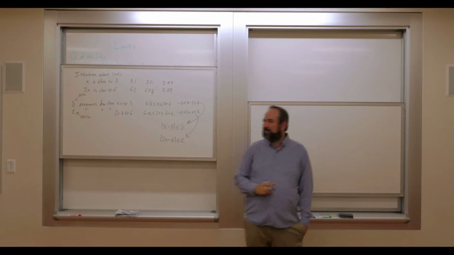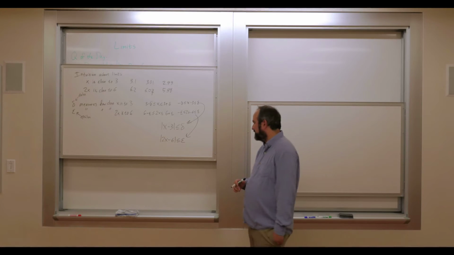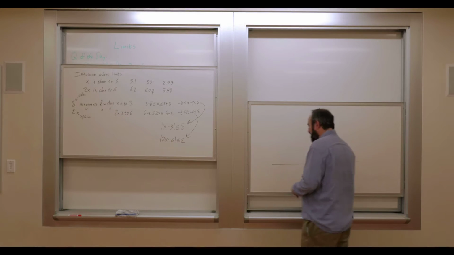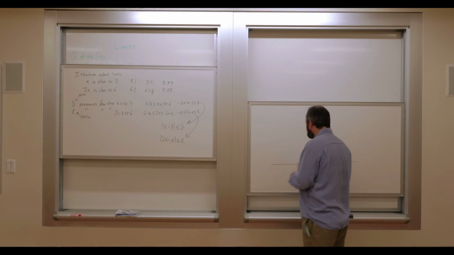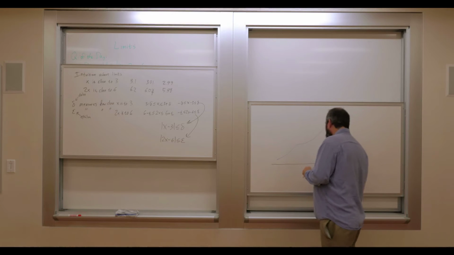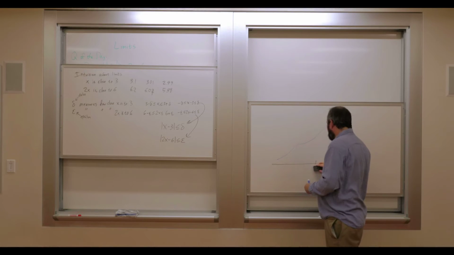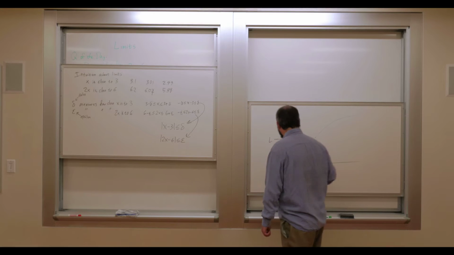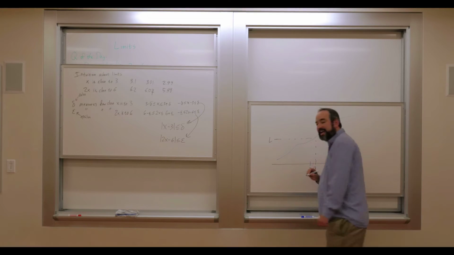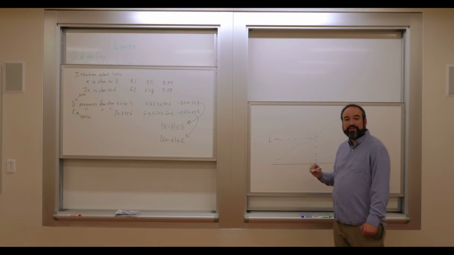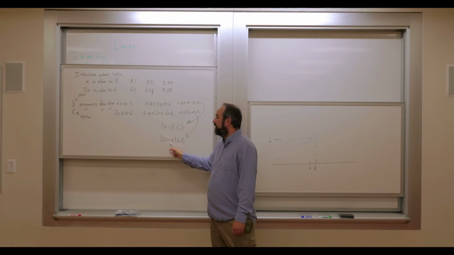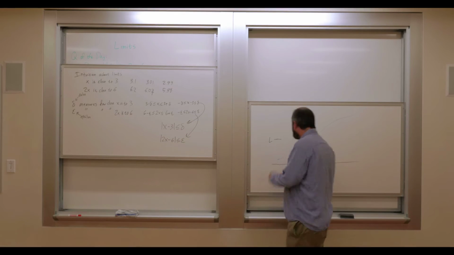Okay, so here's the general idea. If I have a function, and I believe that that function, I'll draw it in blue here, that when I pick a value of x which is close to a, then I want the value of the function at some point x near a to be close to L. In this case, if I pick x near 3, I want 2 times x to be near 6.